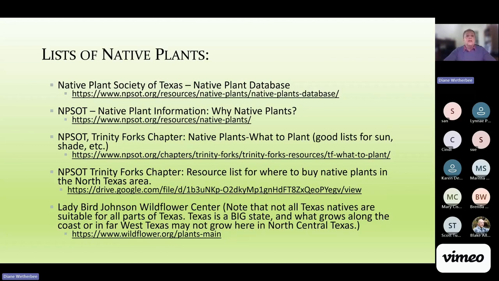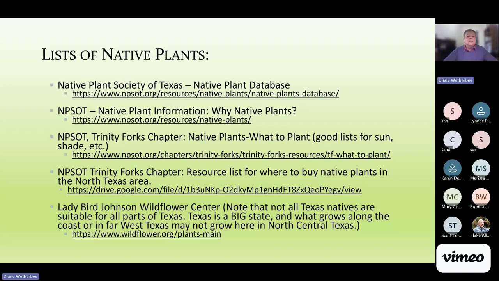They talk about shade plants, sun plants, plant this, not that type lists, and they're all native to our area. Texas is a really big area. I say that on that last one, the Wildflower Center, which is a wonderful resource, but you have to be really careful because what's suitable for the coast or for West Texas, or even for the Hill Country may not be suitable for us here.